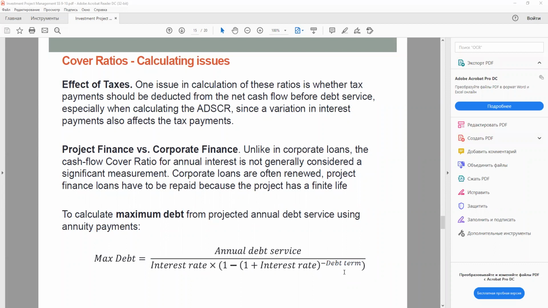It may be prudent to do this if there are wide variations in taxes paid between one year and another, for example, because of the effect of accelerated tax depreciation allowances, which should be taken into account. The argument against this is that taxes are only paid after deductions for interest costs, which are not included in the operating cash flow figure.